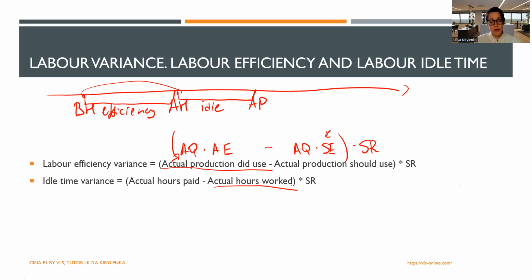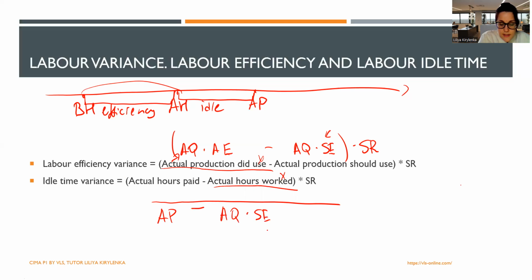If you look at these two equations, you will see that these two parts cancel each other out when you add the first one to the second one. So what we get in the end is actual hours paid less actual quantity multiplied by standard efficiency, multiplied by the standard rate.